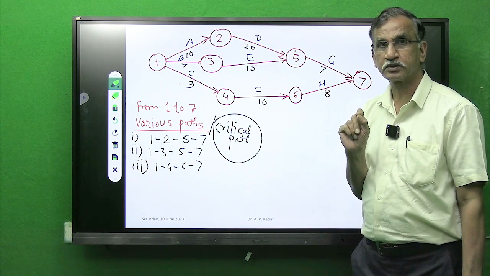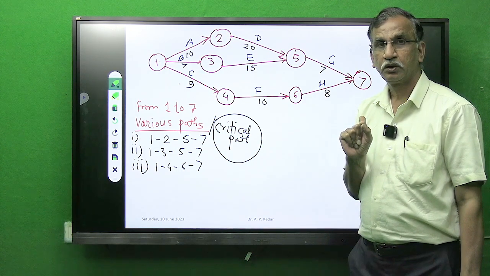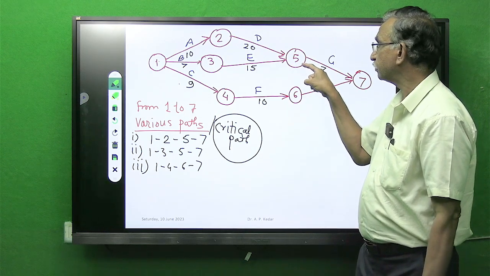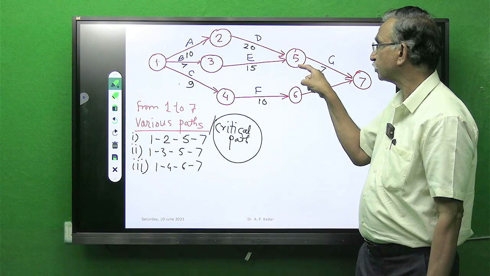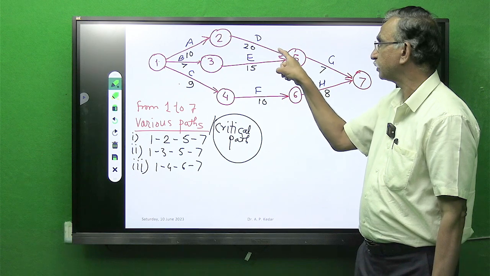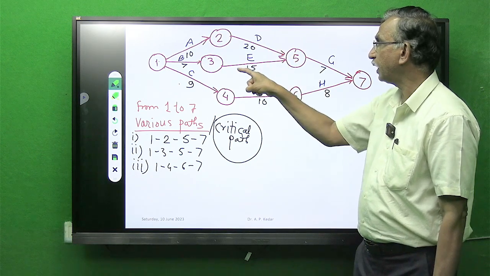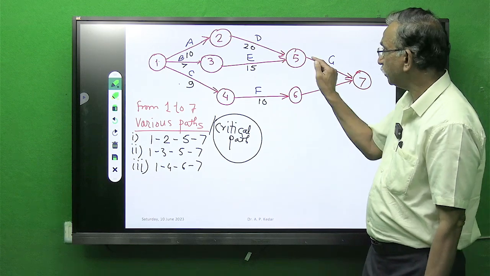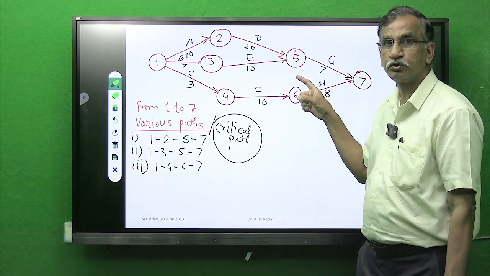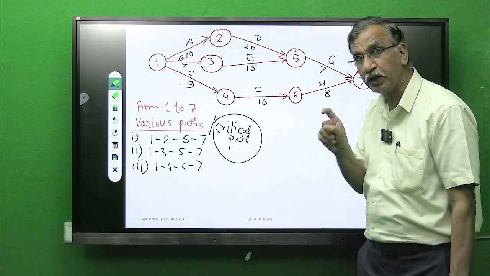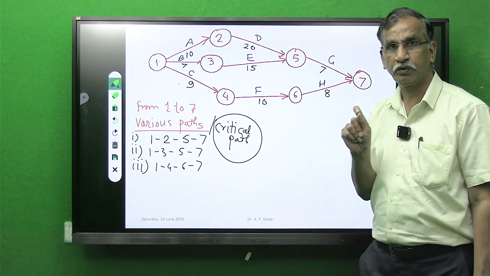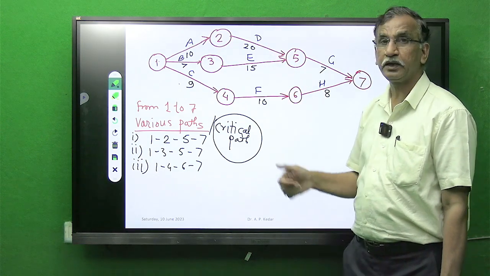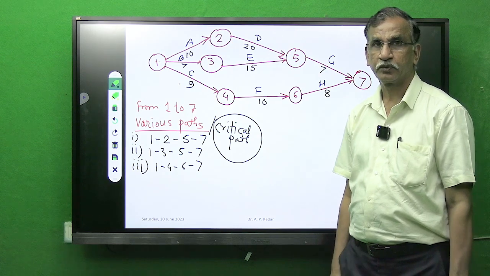Concentrate on my sentence. I am talking on completion of event 5. Now event 5 has 2 activities terminating, D and E. So event 5 is assumed completed only if, very important, only if both D and E are completed.